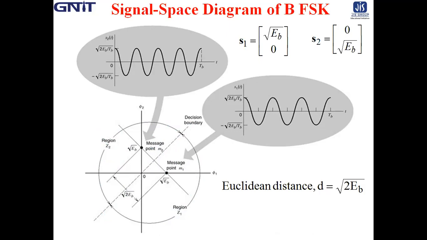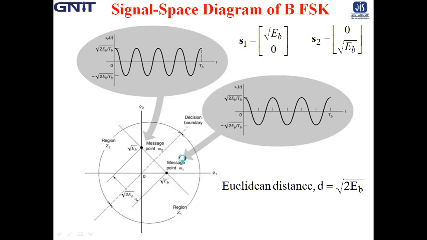Now, what is the decision rule? The receiver decides in favor of symbol 1 if the received signal point, represented by the observation vector x, falls inside region Z1. This occurs when x1 is greater than x2.